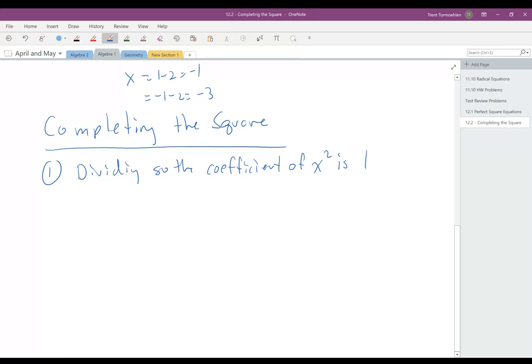Whatever you need to do to make sure that coefficient is 1, you always have to start with that. Then you need to isolate the x squared and ax terms together. That means you're going to have something that looks like x squared plus ax equals, and then some constant value over here.